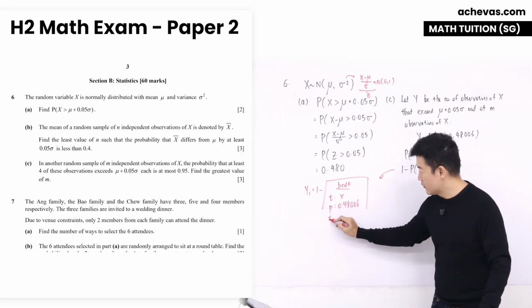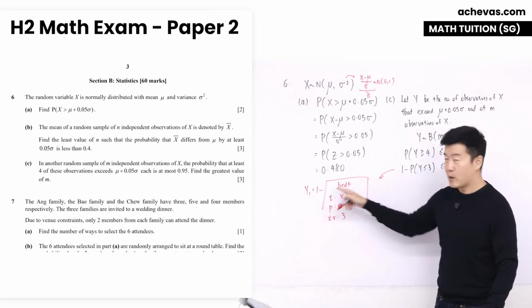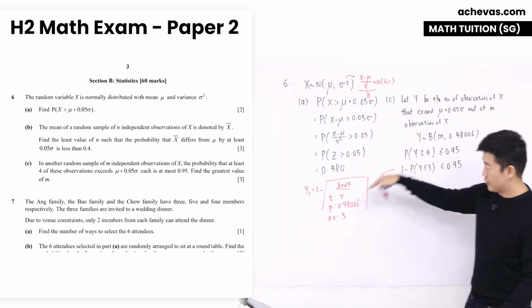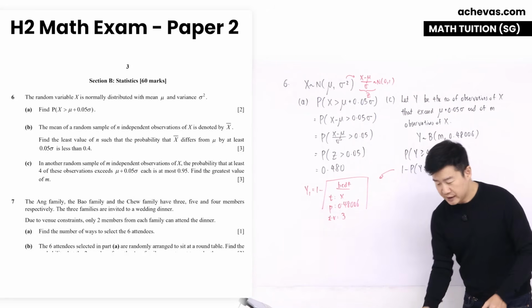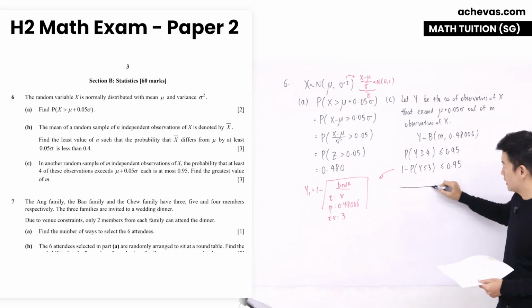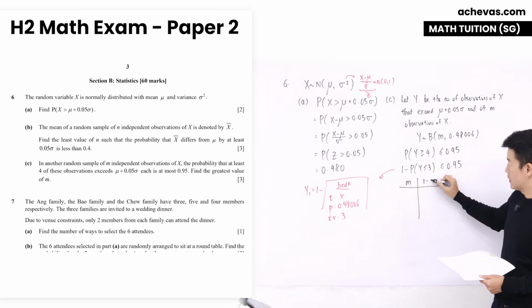And we are asked for the x value, which is going to be equal to 3. So 1 minus this, I'm going to press into my graphing calculator. And from my calculator, this is the table that we are going to be getting. X will be representing m, and y1 will be representing 1 minus the probability that y is less than or equal to 3.